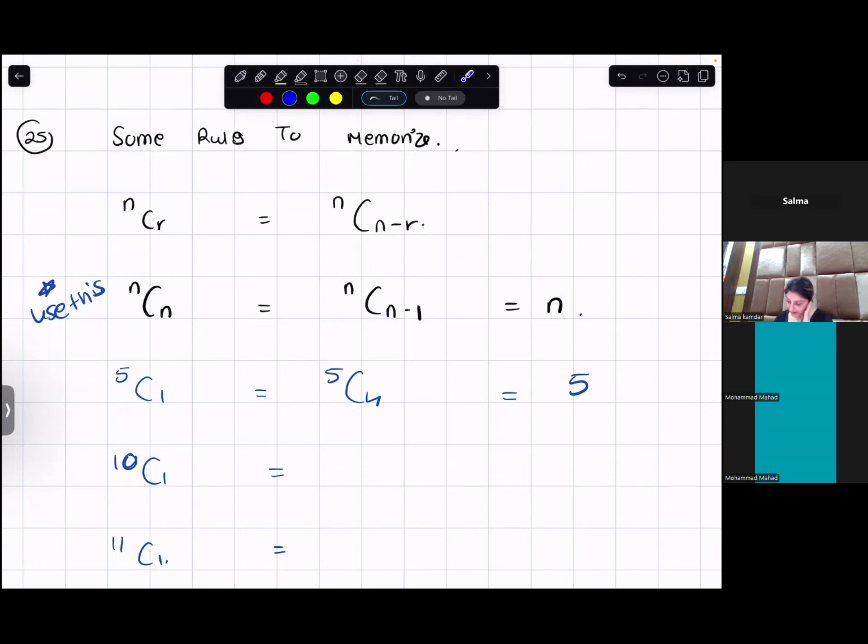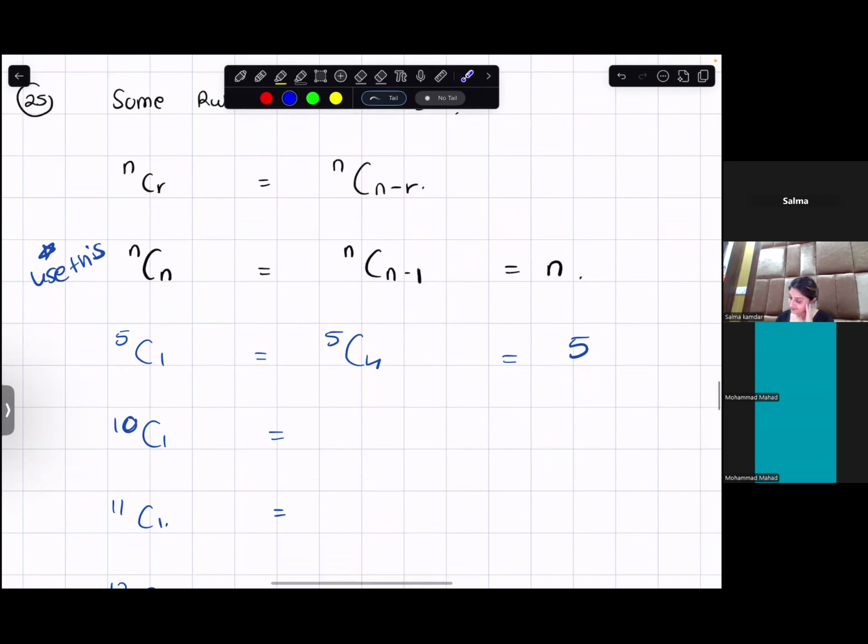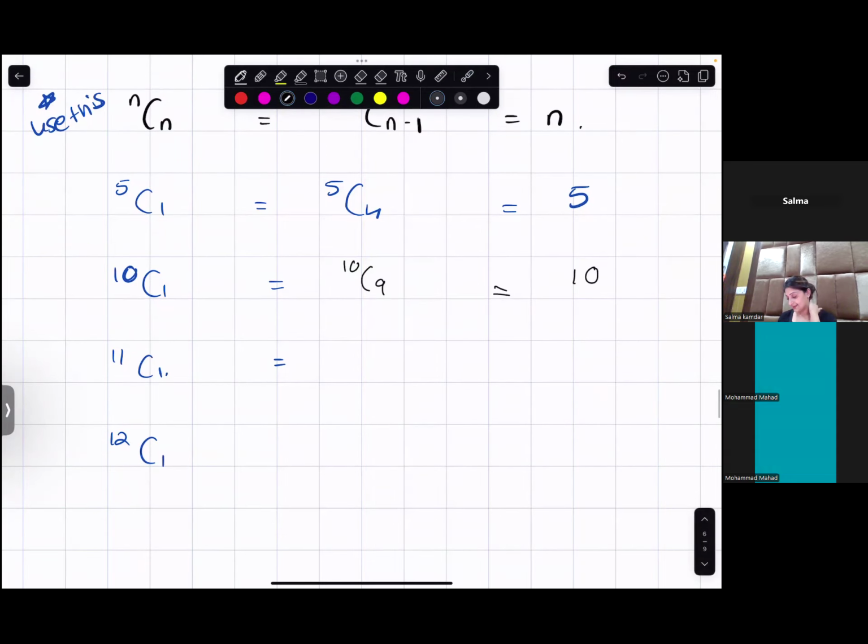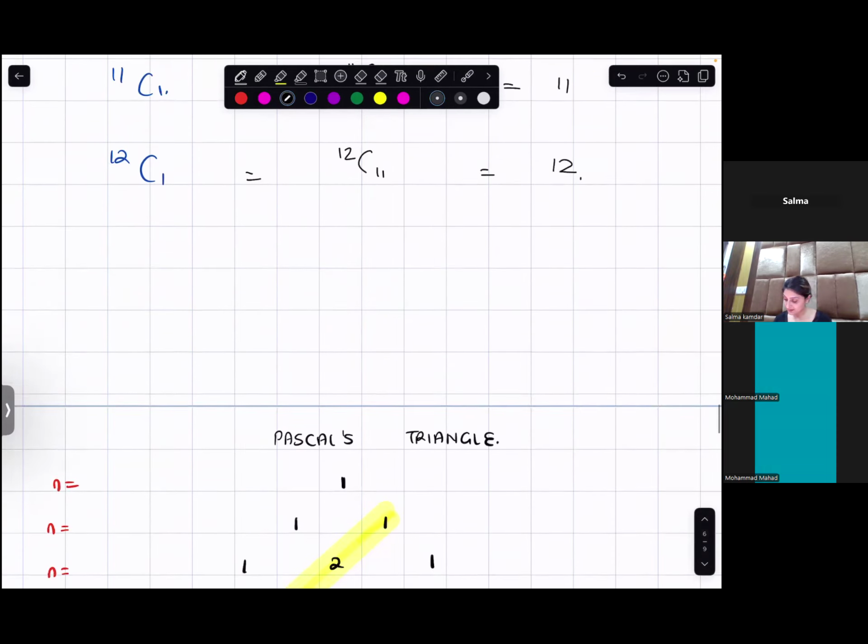Okay. 5C1 is equal to 5C4, which is 5. 10C1 is 10C9, which equals 10. 11C1 will be equal to 11C10, which is equal to 11. 12C1 is equal to 12C11, which is equal to 12. Are you with me?